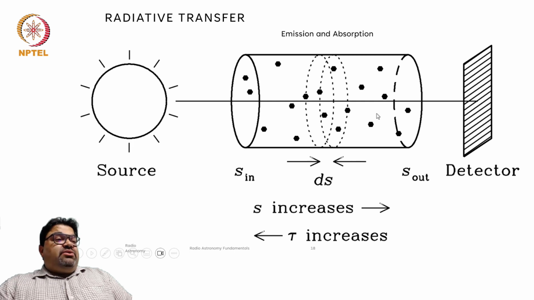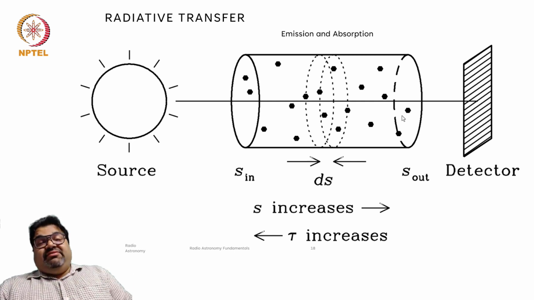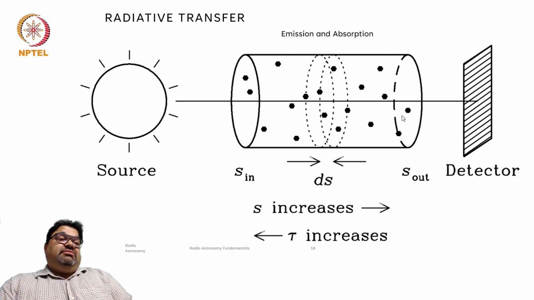While it goes through this extended medium, it can be interstellar medium, interplanetary medium, intergalactic medium, intercluster medium, whatever. I mean, any space, which can be even vacuum as well as filled up with plasma or other materials. This radiation can suffer absorption and also emission from the medium itself.